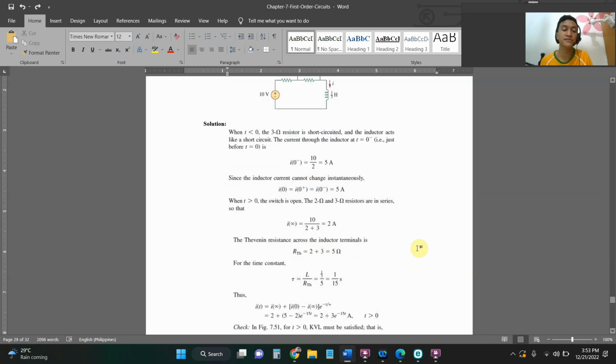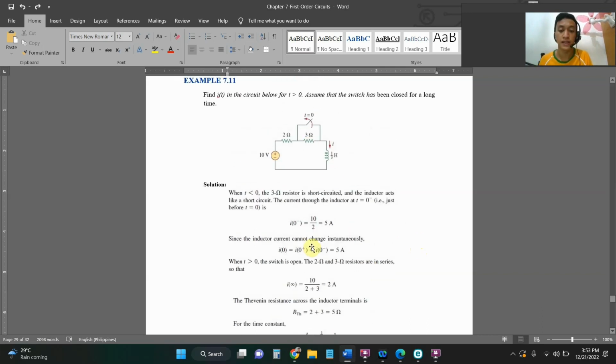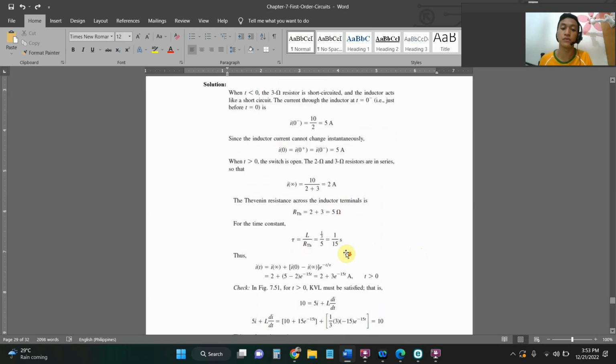Then we should solve for the Thevenin resistance. The Thevenin resistance across the inductor terminals is the total resistance, which is 2 plus 3, equals 5 ohms.